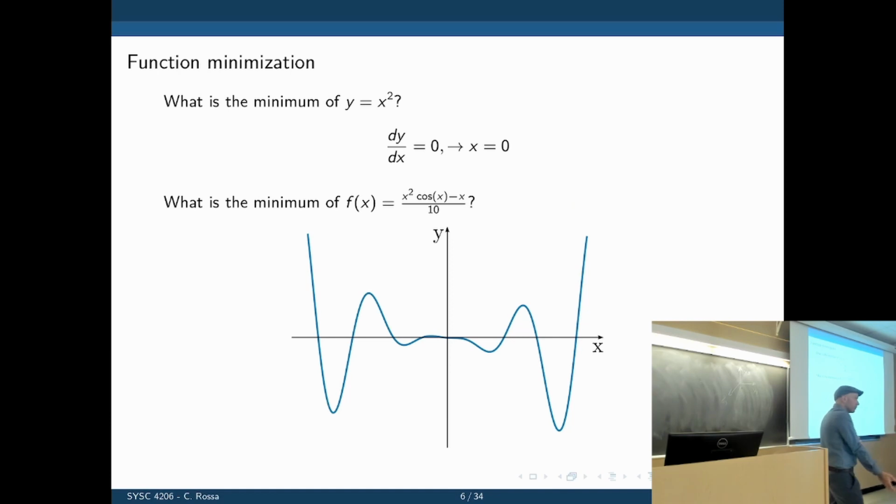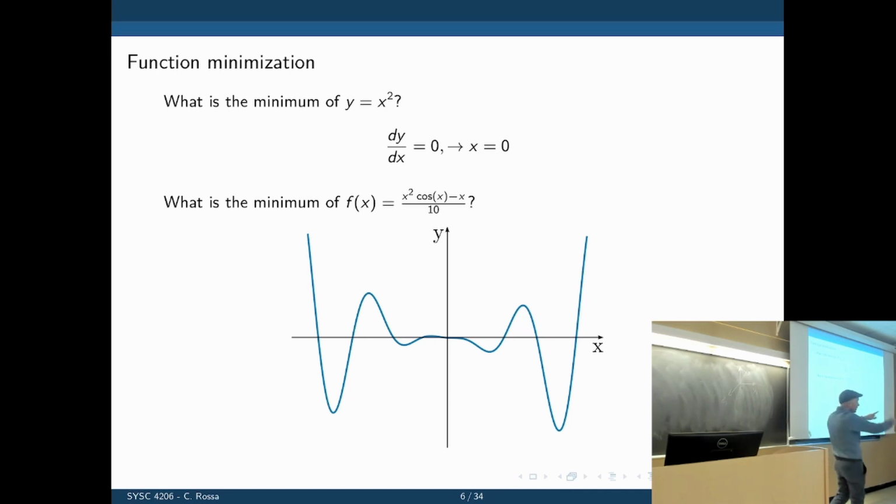We get x equals 0, we plug it back in, and we know that the minimum is 0. But interestingly, whenever we do this sort of problem, we don't care about what the minimum is. We want to know where the minimum is. So we are looking for the value of x where the minimum occurs.